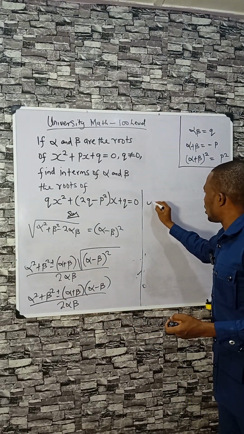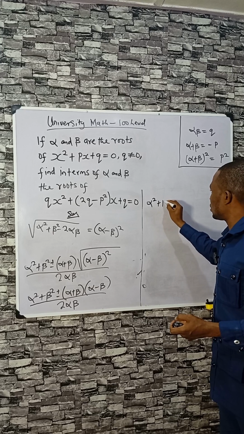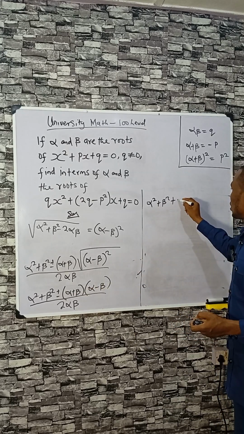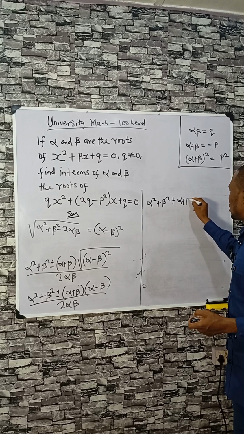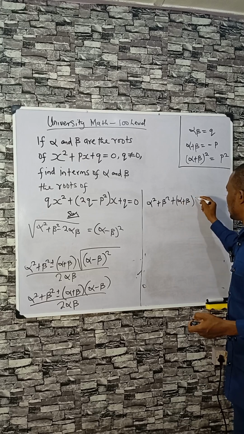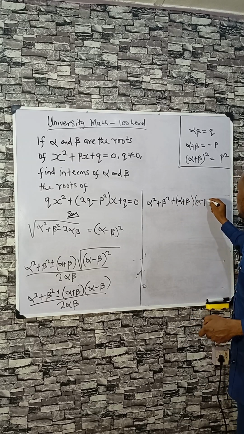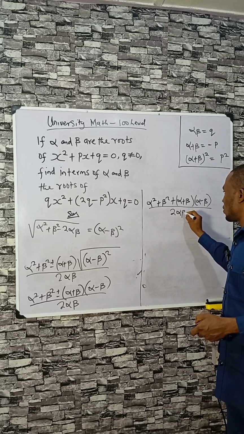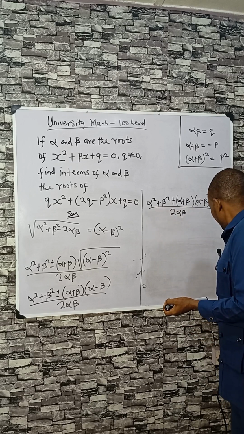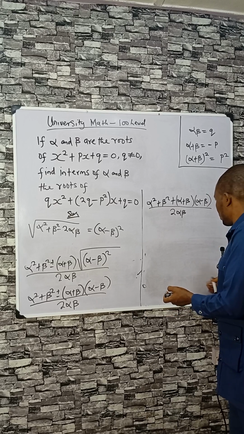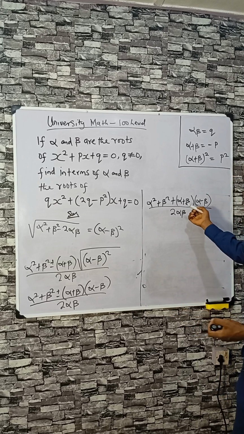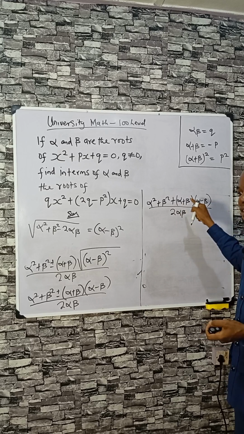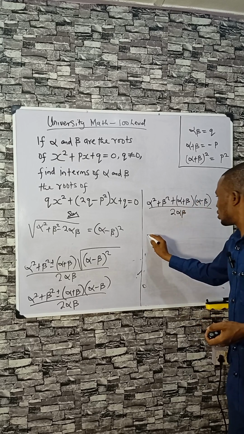So let's see the answer when we add. When we add, we have alpha squared plus beta squared, then plus alpha plus beta, multiplying alpha minus beta, divided by 2 alpha beta. If you expand this, check closely, this is alpha plus beta times alpha minus beta, the identity of difference of two squares.